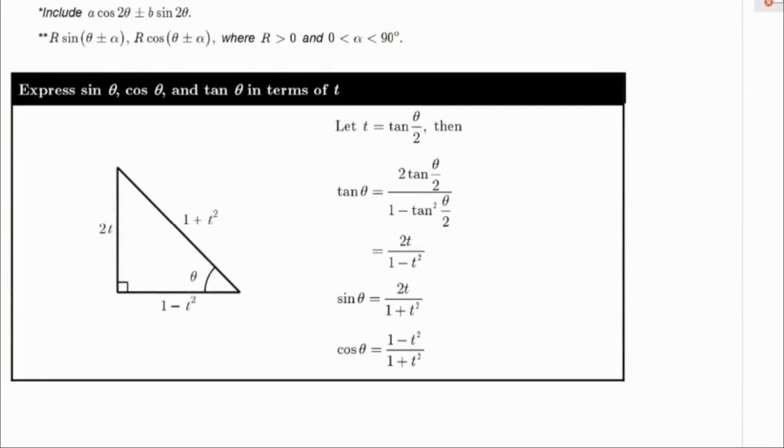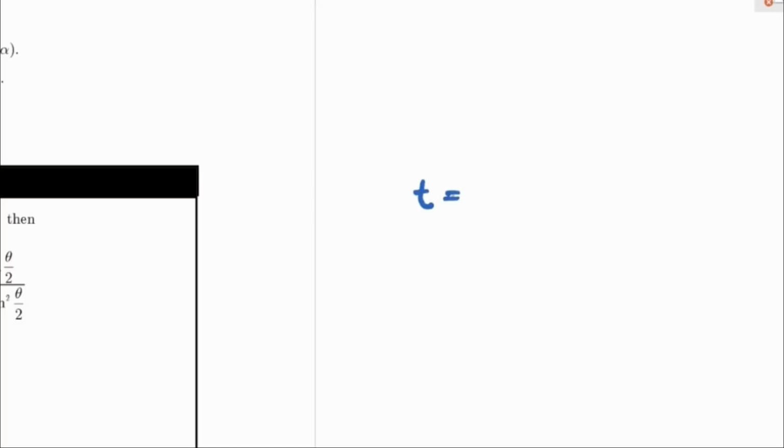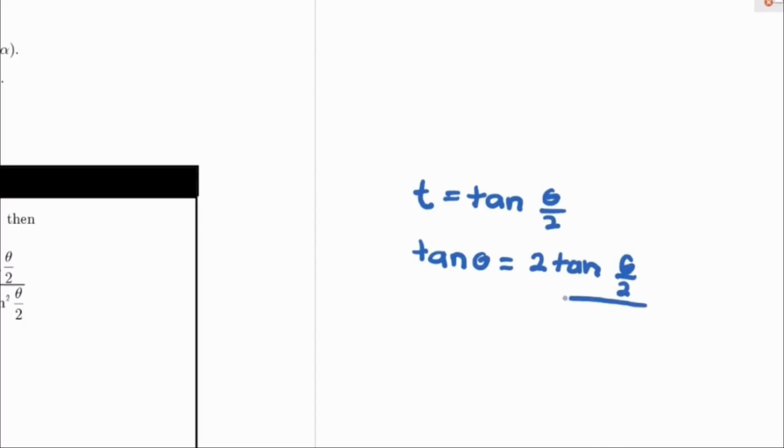Okay, to express sin theta, cos theta and tangent theta in terms of t, first we let t equal to tangent theta over 2. Now we use the half angle formula of tangent. So tangent theta equals 2 tangent theta over 2 divided by 1 minus tangent square theta over 2.